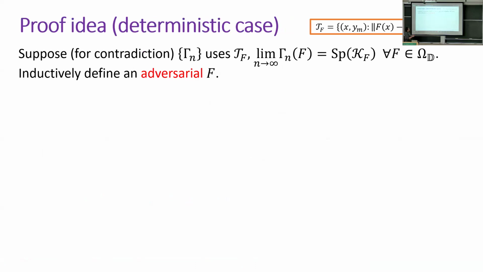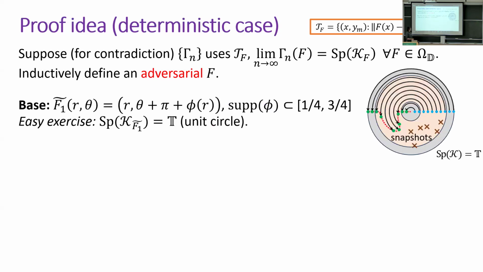Here is a very rough sketch of the proof. We're going to do it via induction. We suppose for contradiction that Gamma_n, a sequence of algorithms, uses this training data and converges to the spectrum. I'm going to define an adversarial f that will screw up the convergence. I start off with a slight perturbation of rotation by pi, calling it f1 tilde.